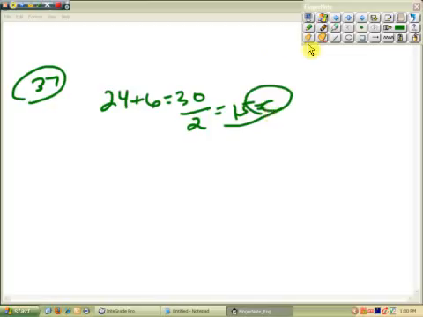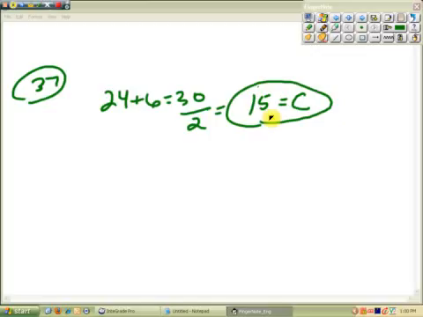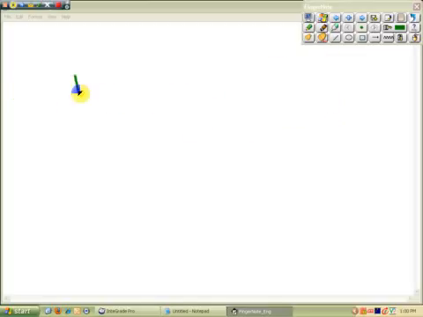38. Two sides of a triangle have lengths 10 and 19. Remember this: any two sides have to be greater than the third side.